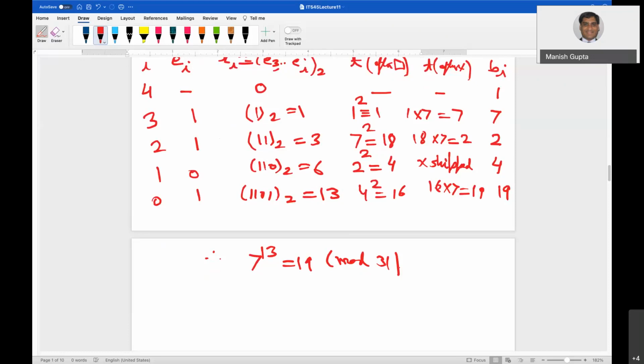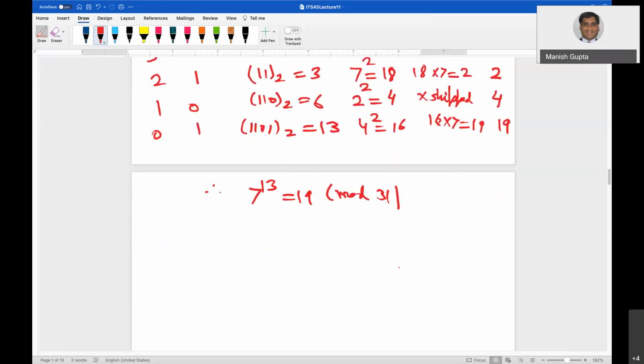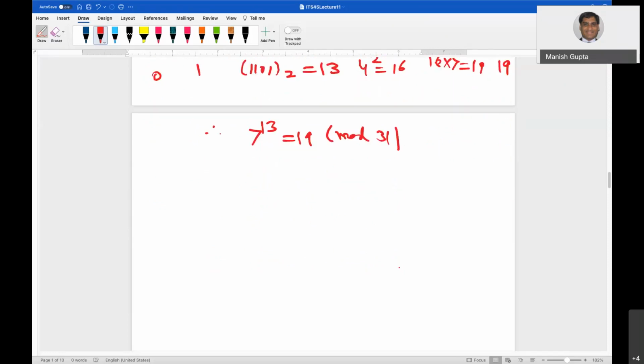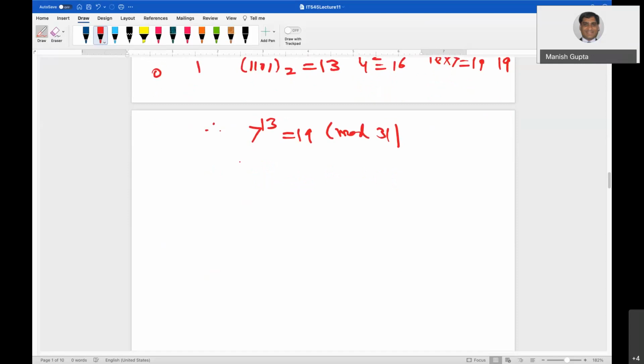The cost of division can be improved. So I think I can talk about it briefly here. So this was given by Barrett in 1986 actually.